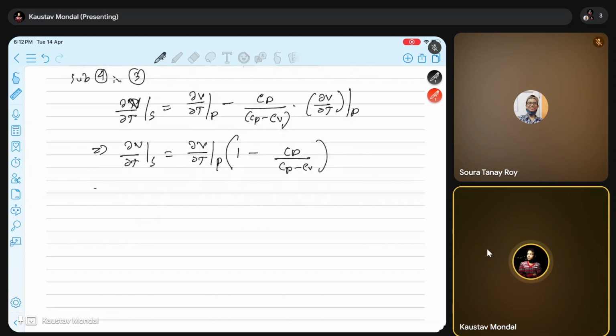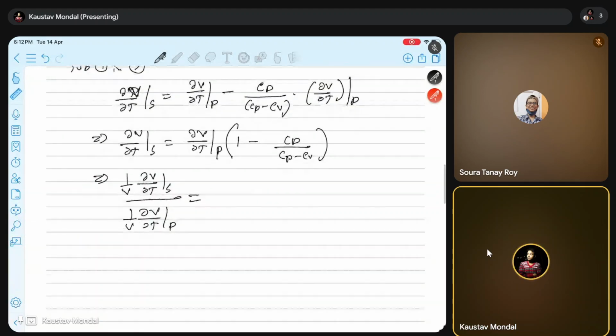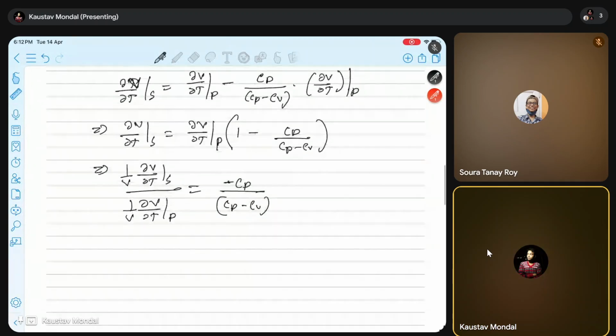Now del V by del T at constant S by del V by del T at constant P, if you multiply 1 by V up and down, the right hand side will become minus Cv by (Cp minus Cv).